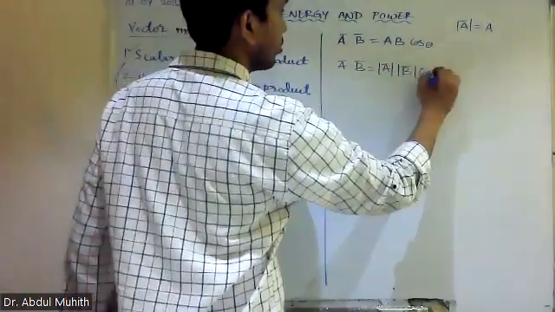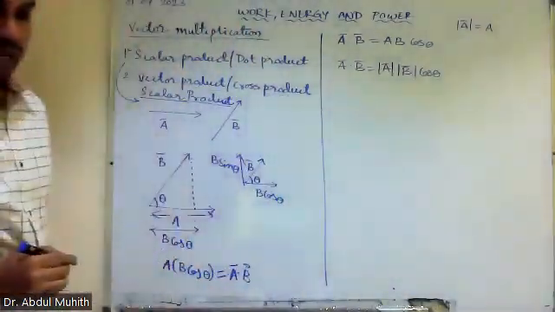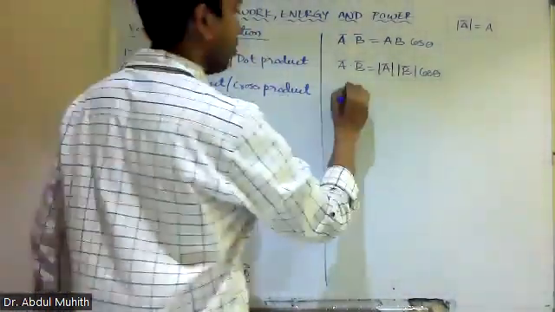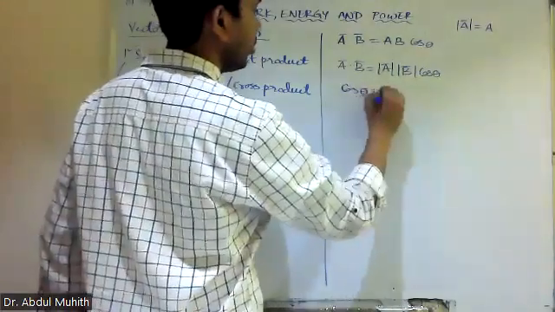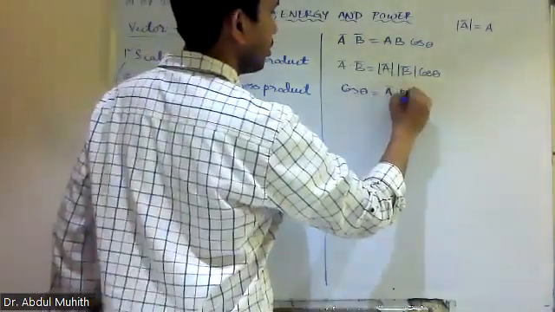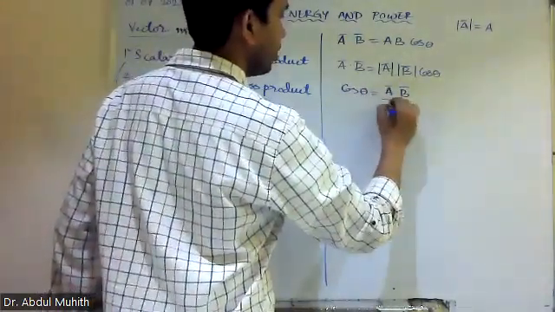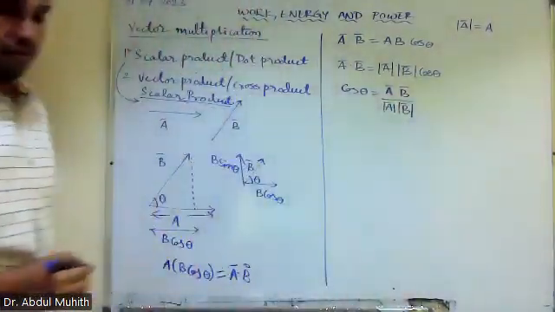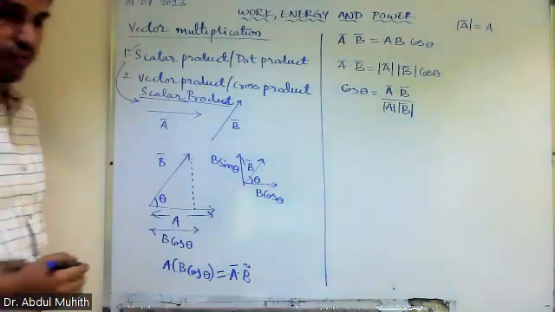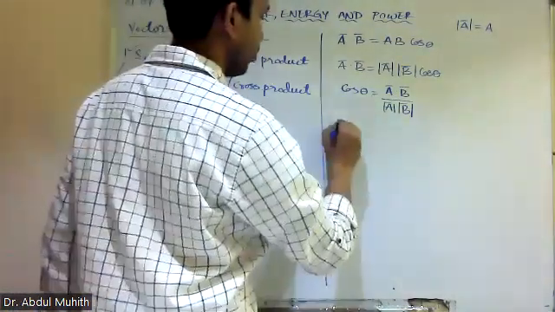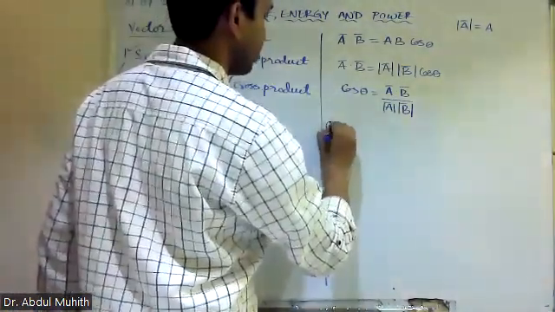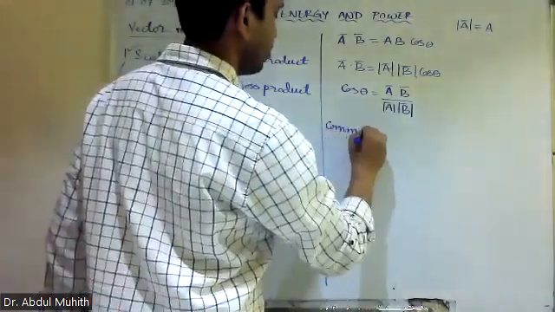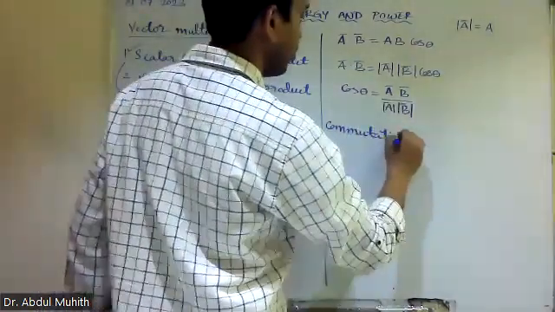If I want to find out the angle, how do I do that? So cos theta equal to A dot B divided by mod A mod B. This is the way we find out the angle. Next, A dot B is equal to what? This is commutative property. So commutative property, what does it say?